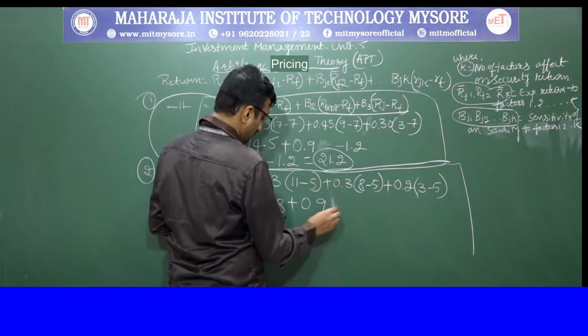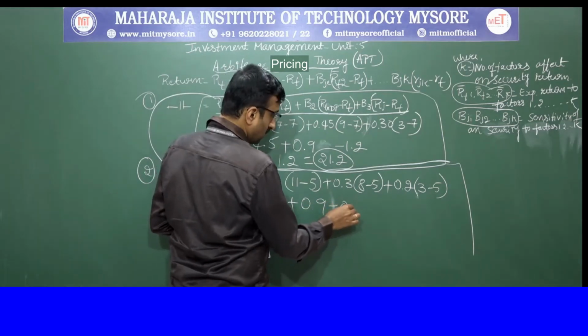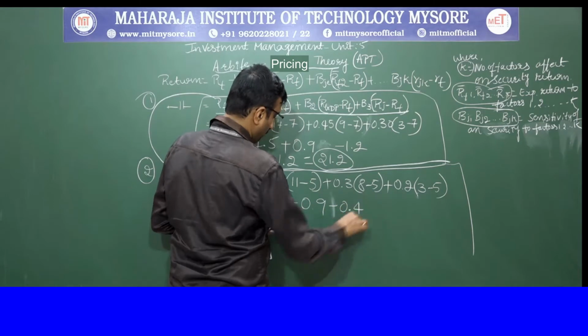Then 3 minus 5 you will get minus 2 into 0.2, if you do you will get minus 0.4, plus into minus, it's minus, you will get 0.4.